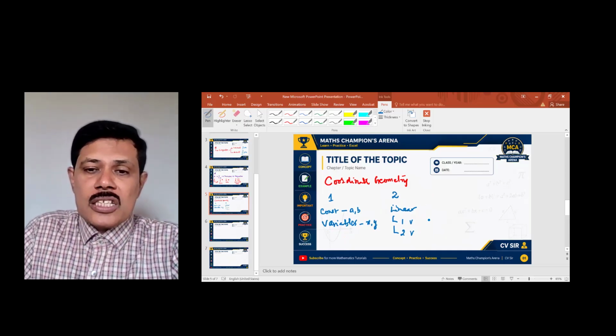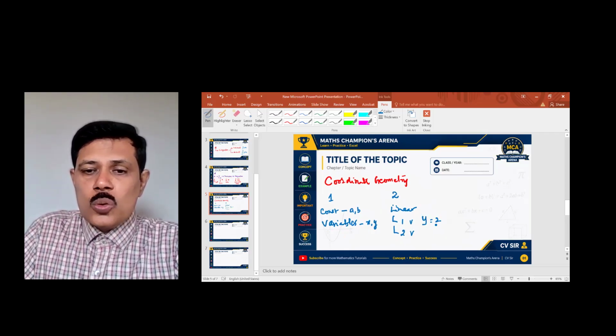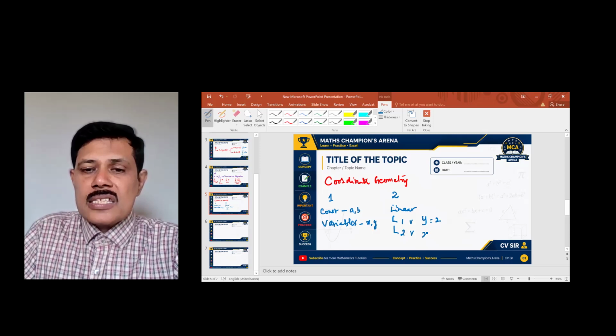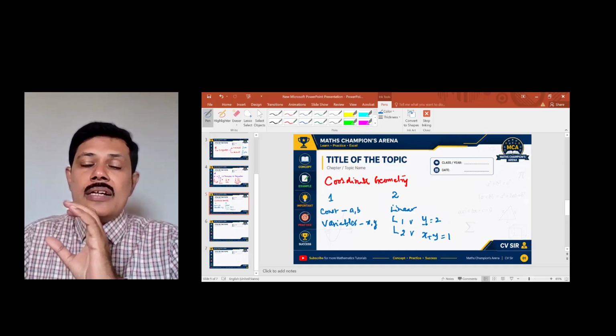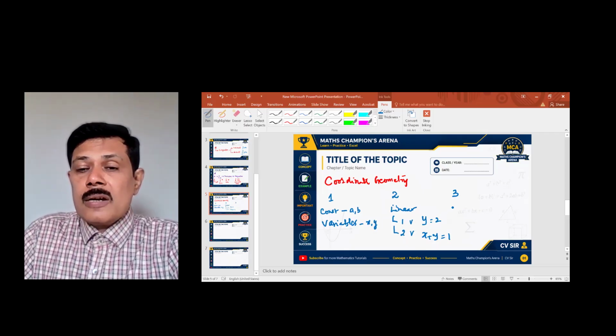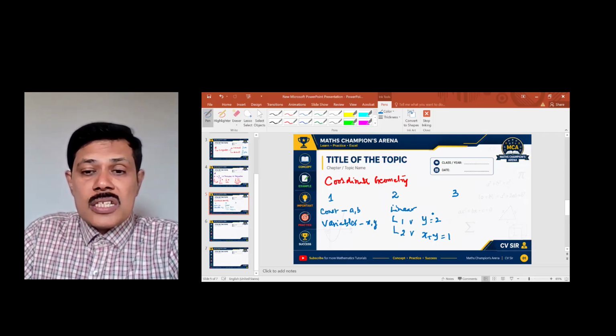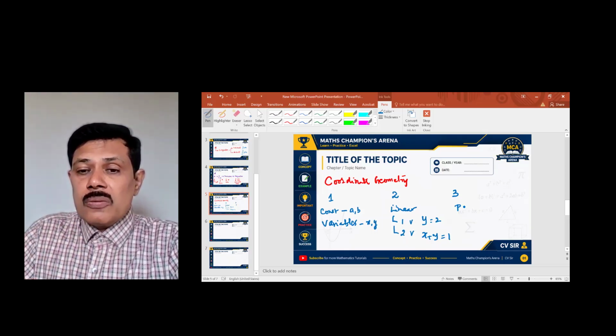How does this look? Suppose y is equal to 2. This is a linear equation, and this is x plus y is equal to 1. So these are the linear equations we have understood. Further going ahead, we have something called polynomials.